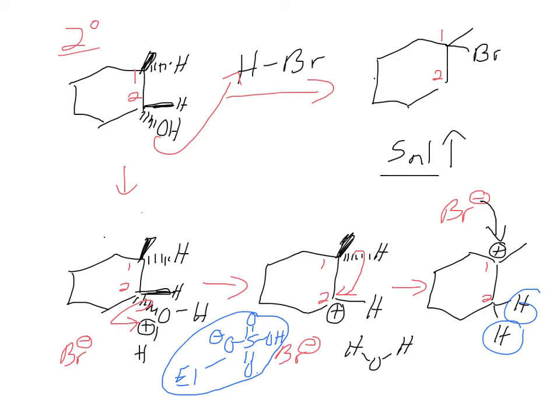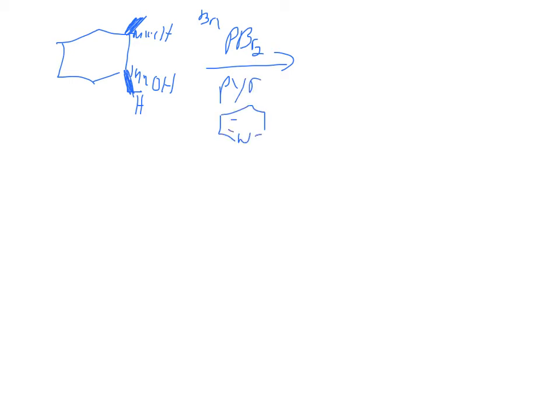Okay, take a look at that same starting material. What's going to happen if that reacts with PBr3 in pyridine? So now these alcohol activation methods don't undergo carbocation formation, do they?